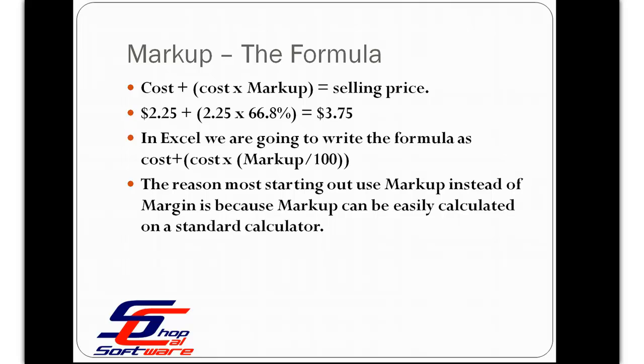150% markup on a $5 item does not get us the same profit margin as 150% markup on a $2.50 item. But if we're doing 150%, that would be a 60% margin.